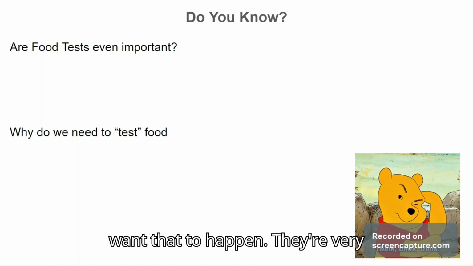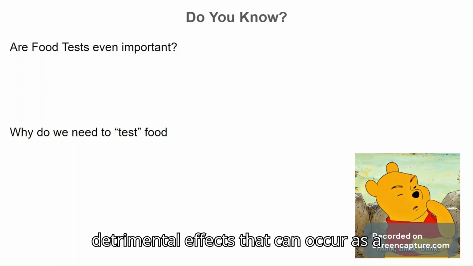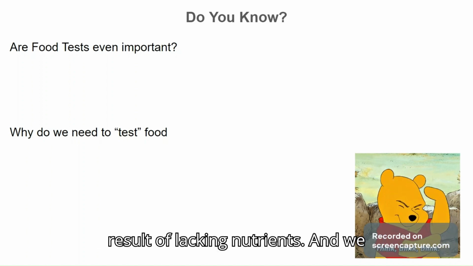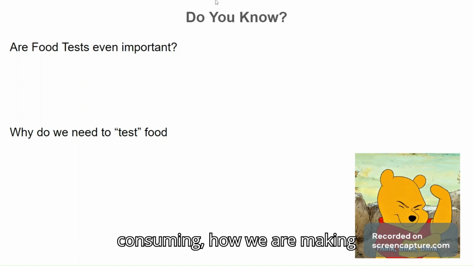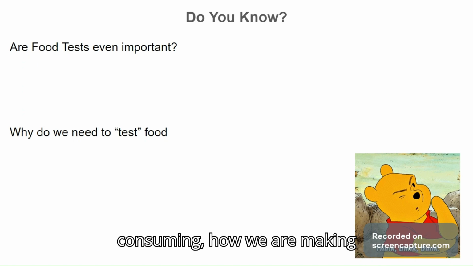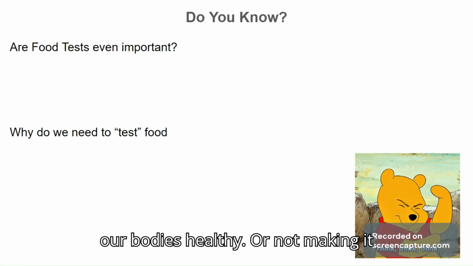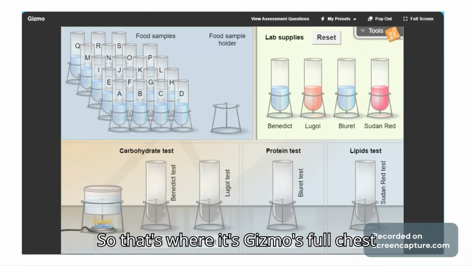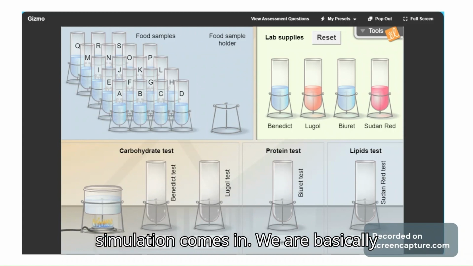You don't want that to happen. There are varying detrimental effects that can occur as a result of us lacking nutrients. And we just want to know what we're consuming, how we are making our bodies healthy or not making it healthy. So that's where this Gizmos food test simulation comes in.